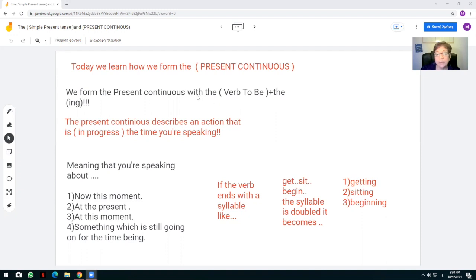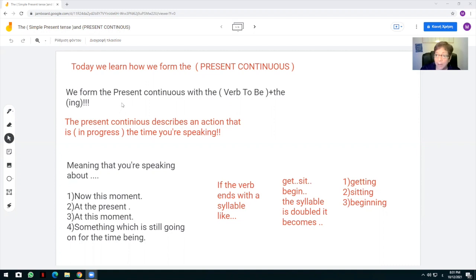The present continuous, to form it, you always use the verb to be plus the ing. The verb to be plus the ing.